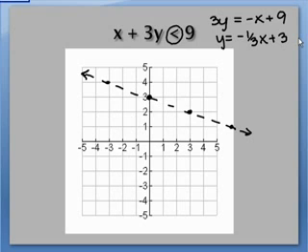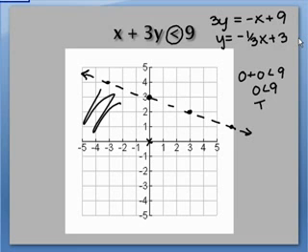And then the last step is where do we shade? Okay, let's take the point 0, 0. If we plug it in, 0 for both the x and the y, we get 0 plus 0 less than 9. Is 0 less than 9? Why, yes it is. That's a true statement. So we want to shade on this side that point falls in.